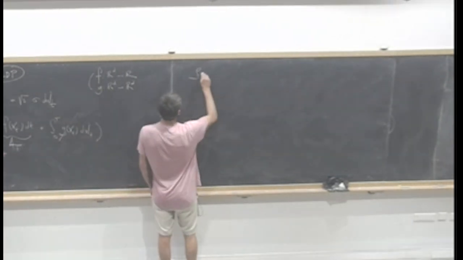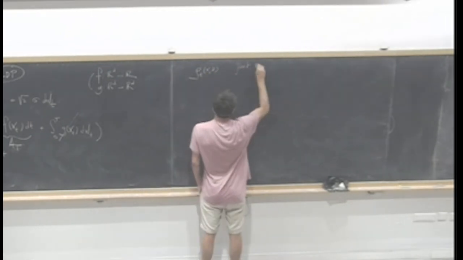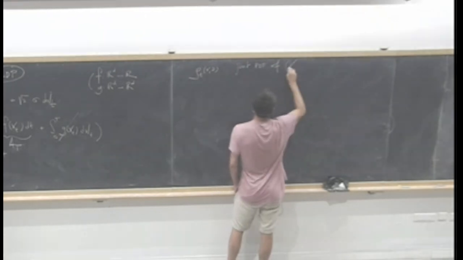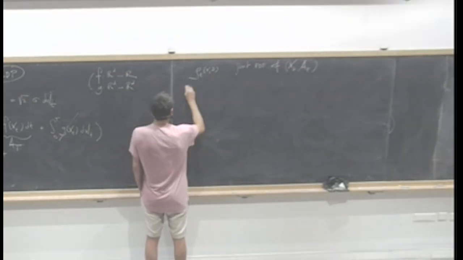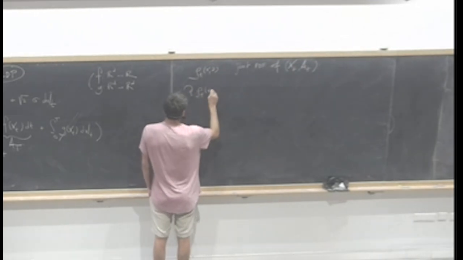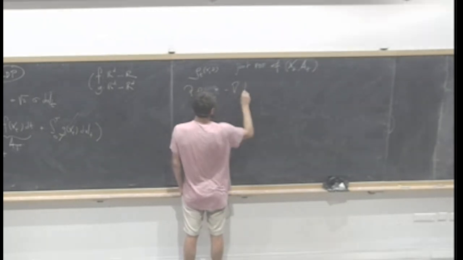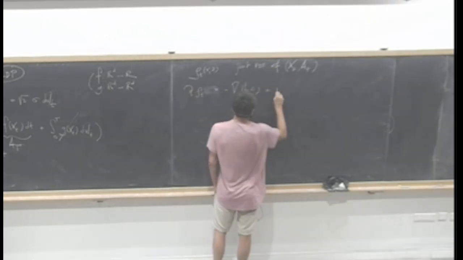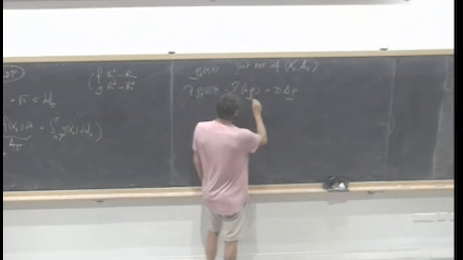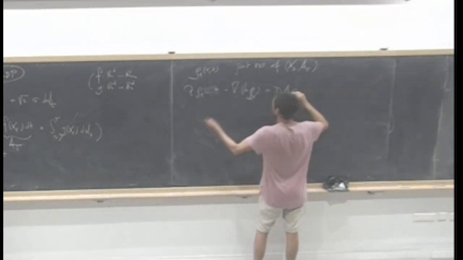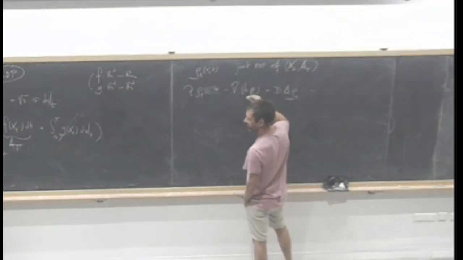Let's denote it rho of x, a. This is the joint PDF of x_t and A_t. What does it satisfy? The time derivative of rho_t(x, a). Everything depends on x and a. I'm using this rho, which is a little bit different, so that I can emphasize it is a function of x and a.